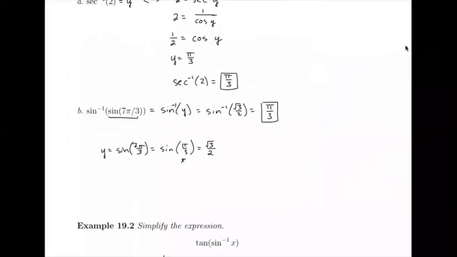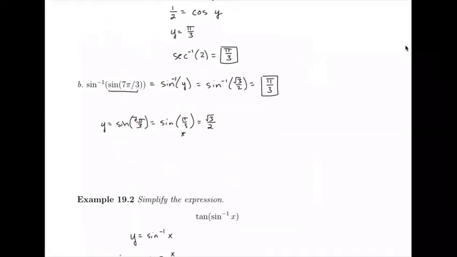So the way to go about it is to realize that the sine of 7 pi over 3, we'll let y be equal to that. That way we can take this whole expression under this bracket and just write it as sine inverse of y. So the sine inverse here of the argument is y, which is sine of 7 pi over 3. And now we'll just consider what sine of 7 pi over 3 is. What we have to recall is that 7 pi over 3 is coterminal with the angle pi over 3.